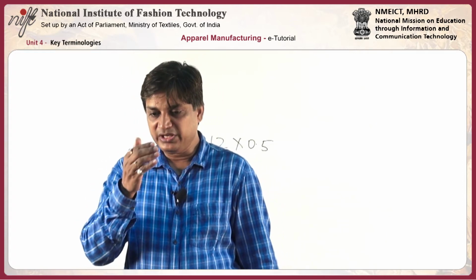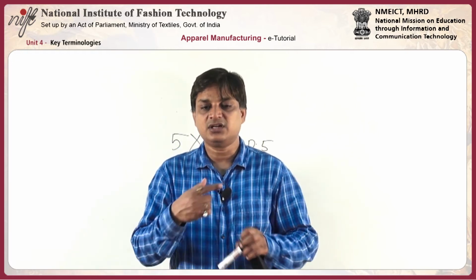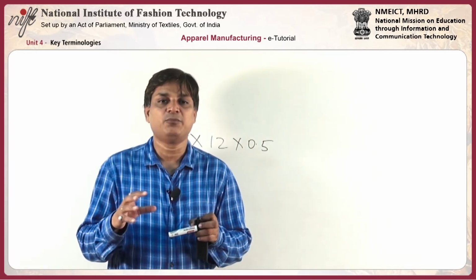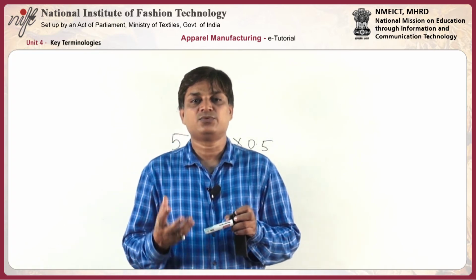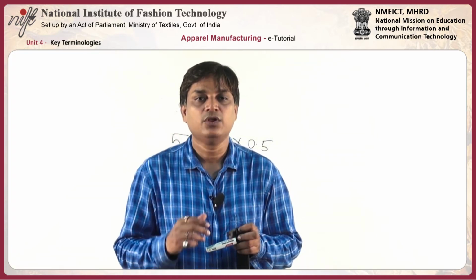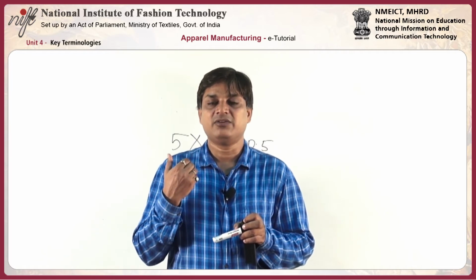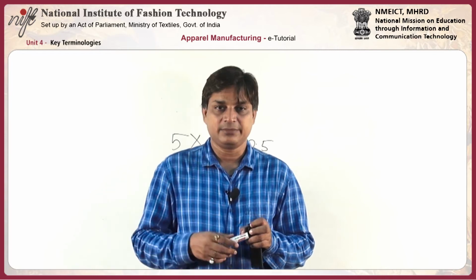So we have to manage the WIP in such a way that the turnaround time will be fast and we get more orders, because the buyer wants to give the order to the company that can produce very fast, with a lesser turnaround time.